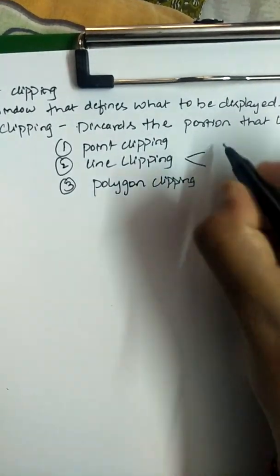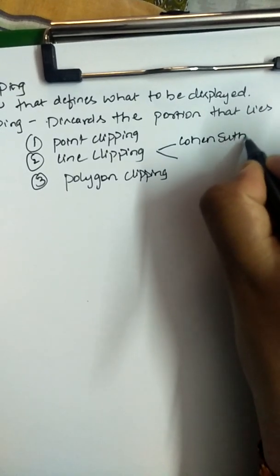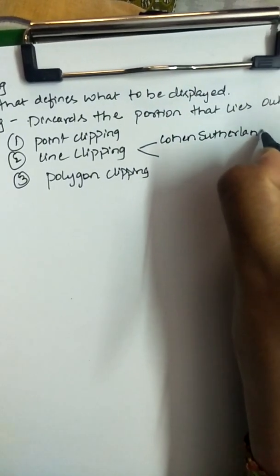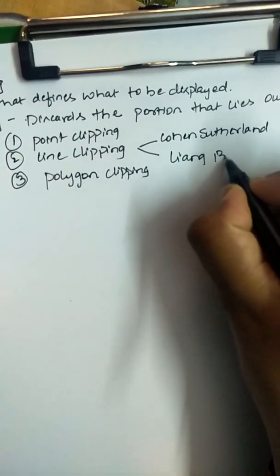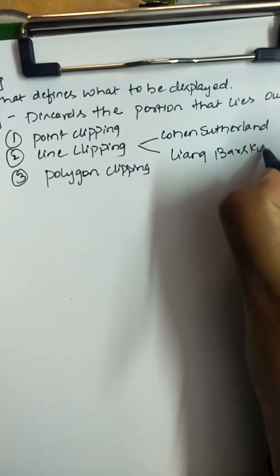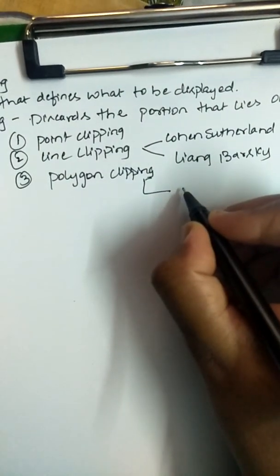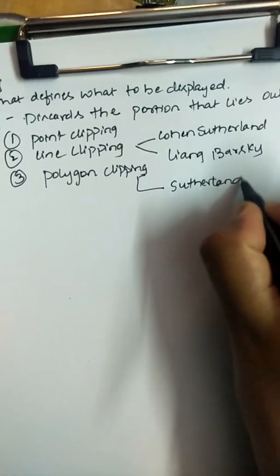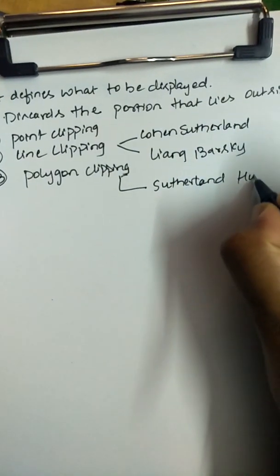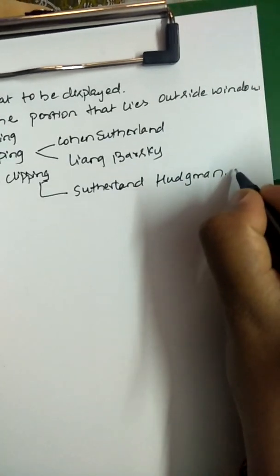For line clipping, there are two algorithms, Cohen Sutherland and Barsky. Whereas with respect to polygon clipping, we have the Sutherland Hodgman algorithm.